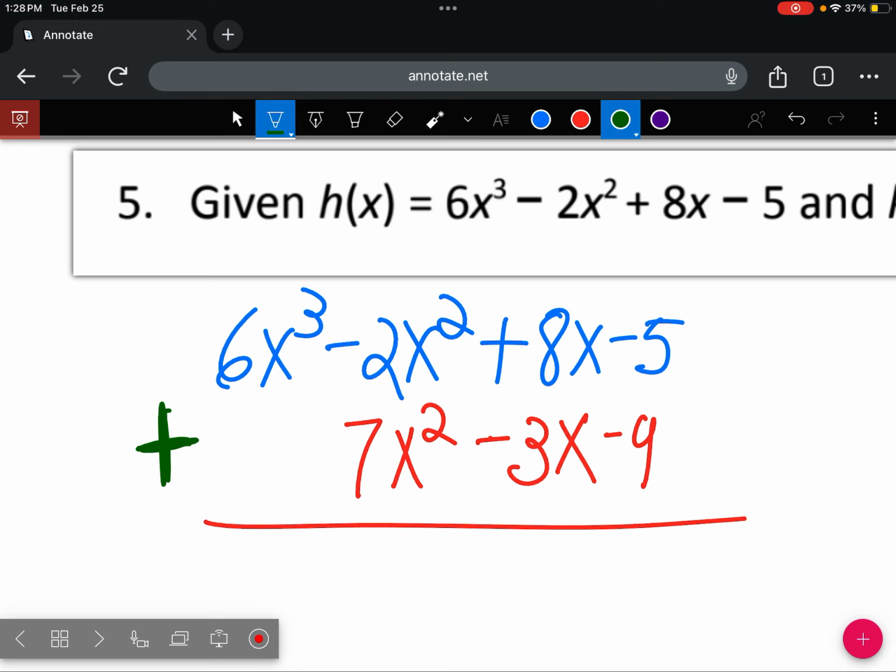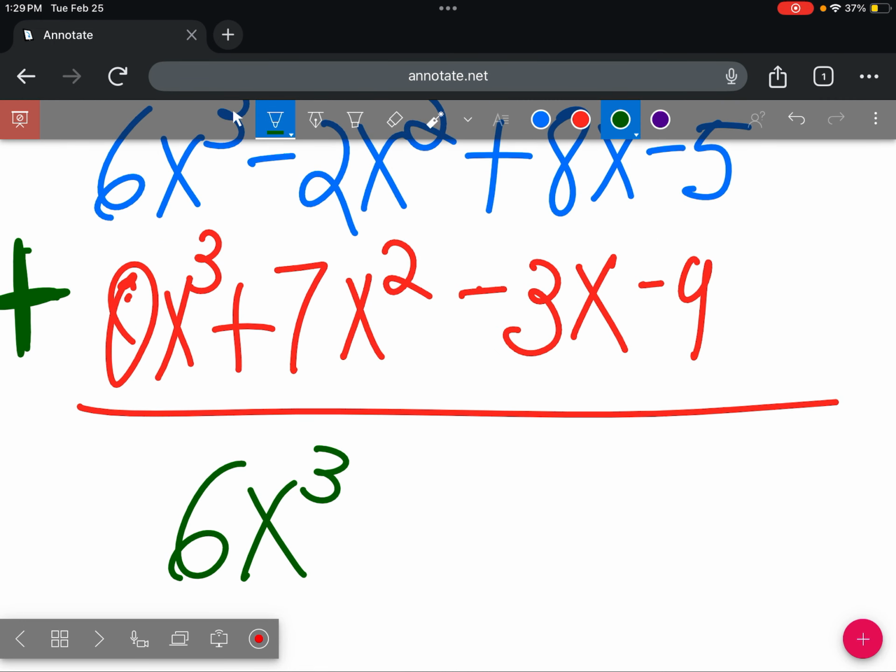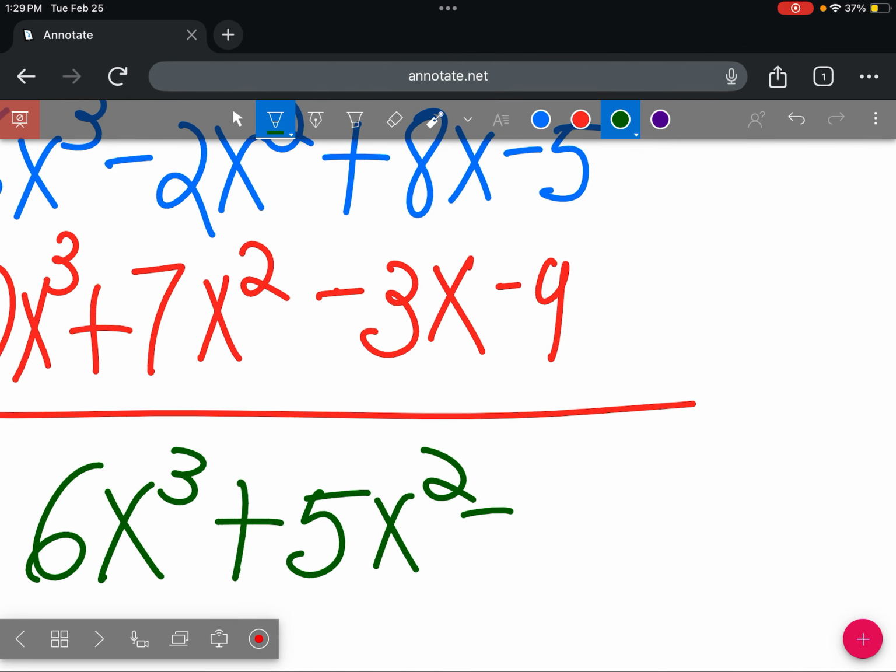Got to add. Does 6 get added to anything? No. Or you could think there's a 0x to the third there. So we get 6x to the third, plus 5x squared minus 5x minus 14.